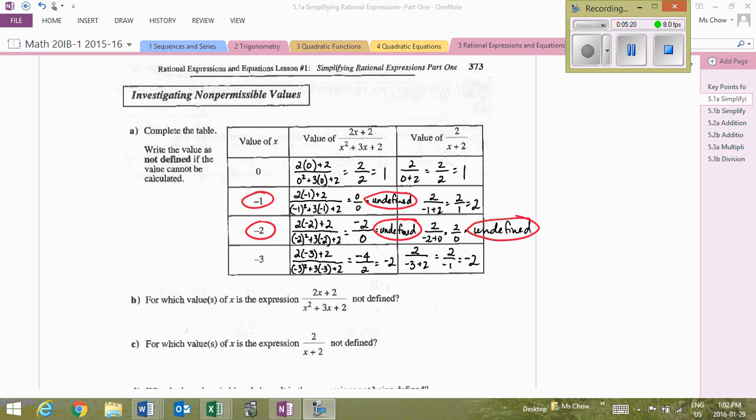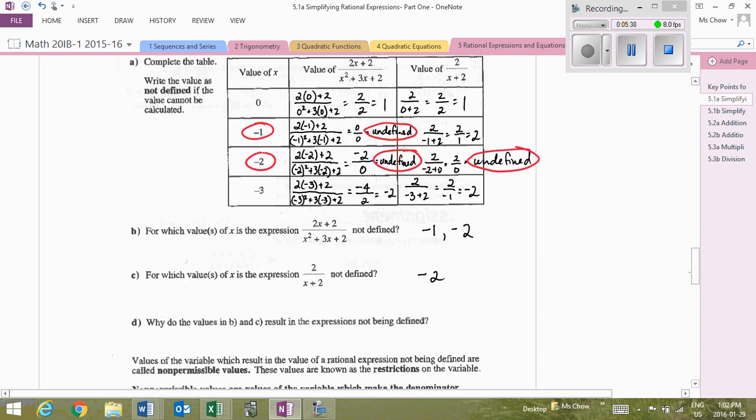Why are they undefined? Because your denominator ends up being 0. For the first expression the values are -1 as well as -2. For the second expression, it's only -2. Why is it that they're not defined? Of course, we can't divide by 0.